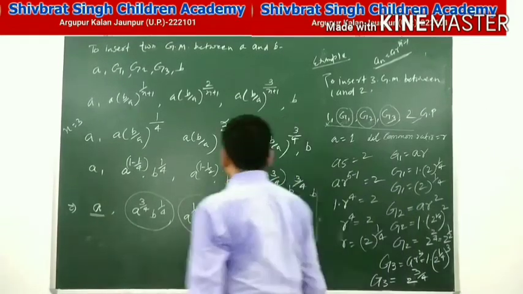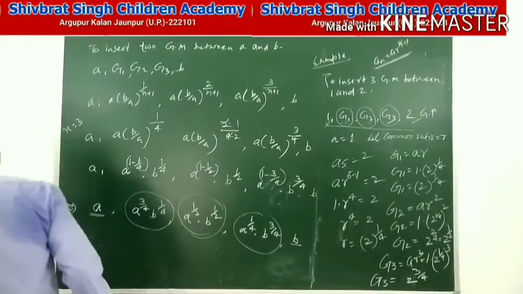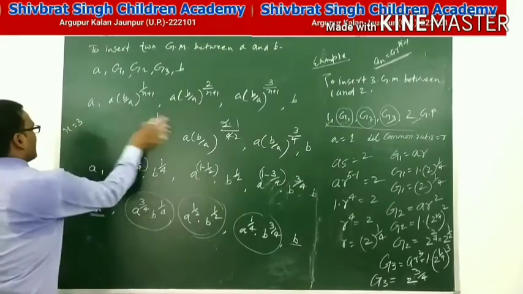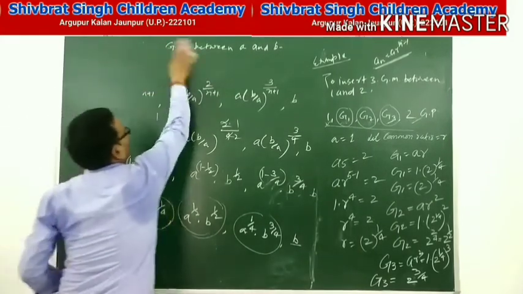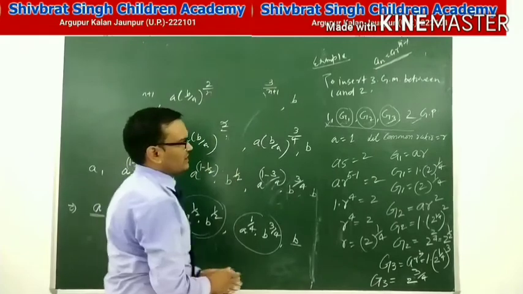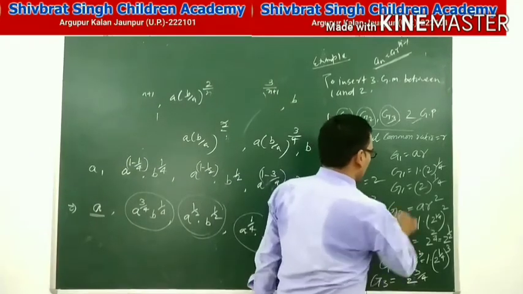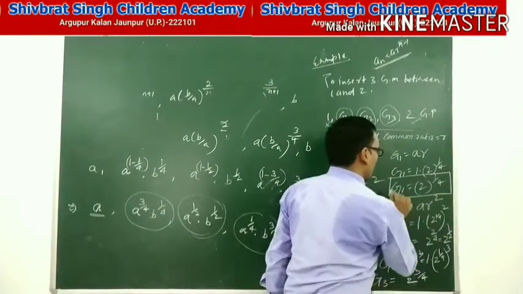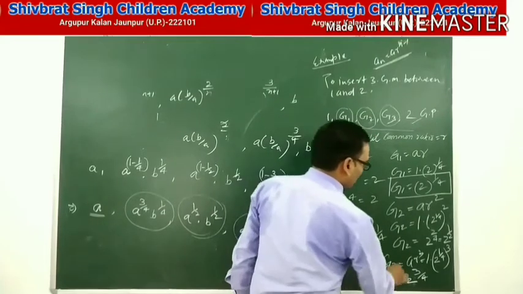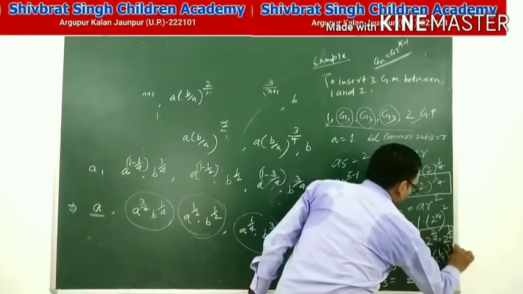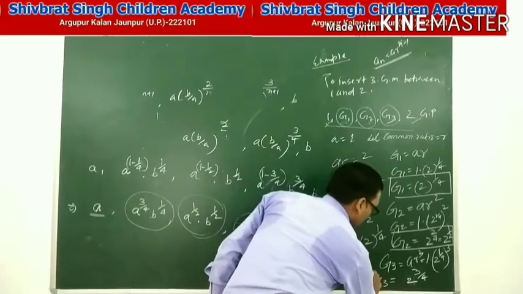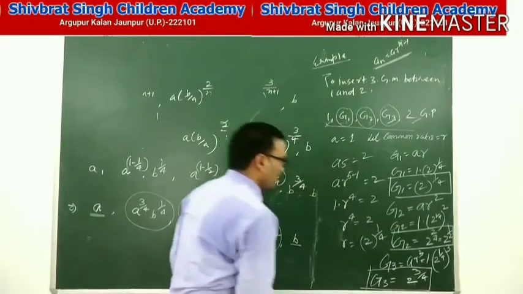Here we can insert three geometric means between 1 and 2. First is G1, the value of G1 is 2 to the power 1 by 4, the value of G2 equal to 2 to the power 1 by 2 and G3 equal to 2 to the power 3 by 4.